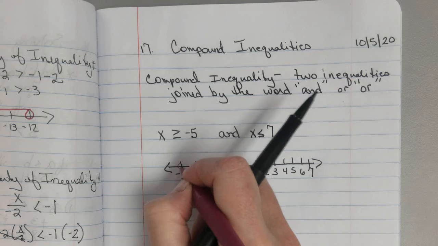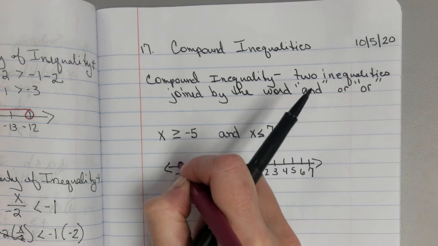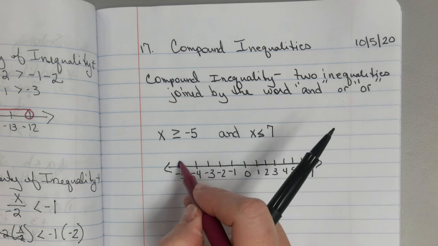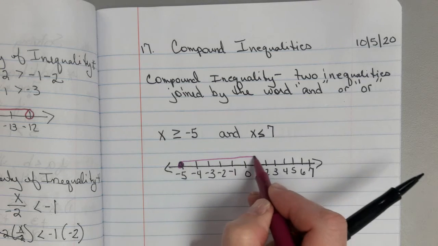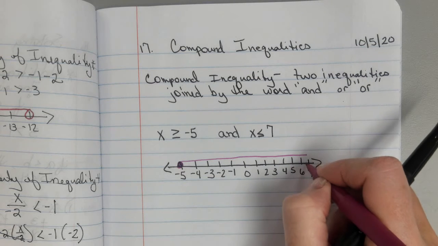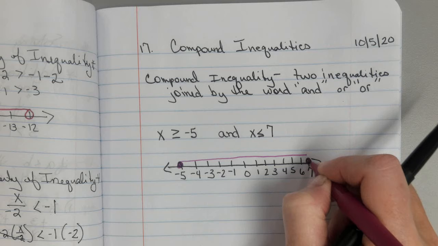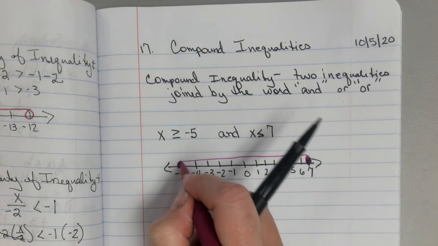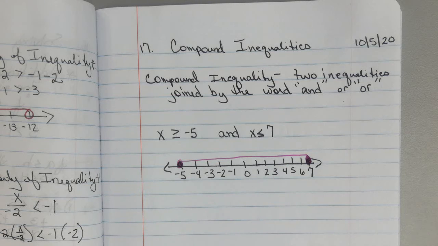Closed, right. We're going to have a closed circle. And it says x is greater than or equal to -5, so we know it's everything to the right. But it says that x is less than or equal to 7, so that's my cutoff, where it joins. And it'll also be solid, because we've got that double symbol. So that's the area where our solutions lie. So our solution could be -5, anything in between, and it could also be 7. Okay.